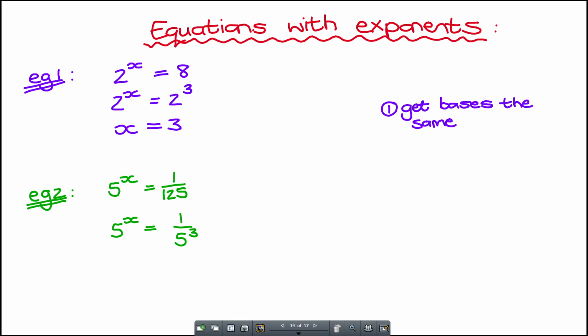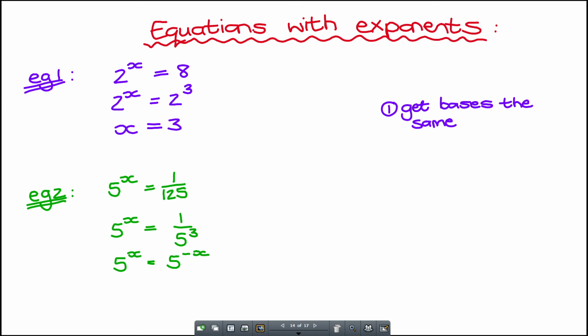But my bases are not the same yet, because on the right-hand side it's still in a fraction. So I can't say my base is 5. But what I could do is take that to the top. That's going to become 5 to the power of minus 3.